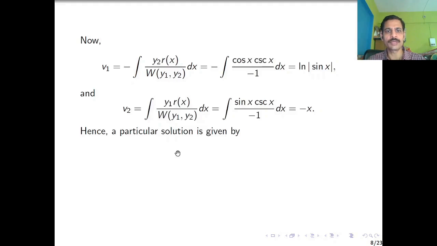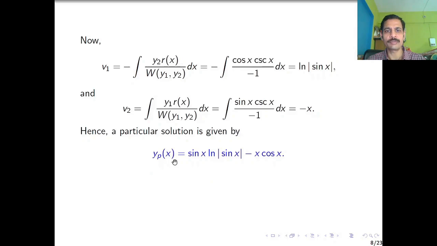So the particular solution is yp, where you multiply v1 with y1 and v2 with y2. y1 is sin x, with that we multiply ln mod sin x, and y2 is cos x, with that we multiply v2 which is minus x.